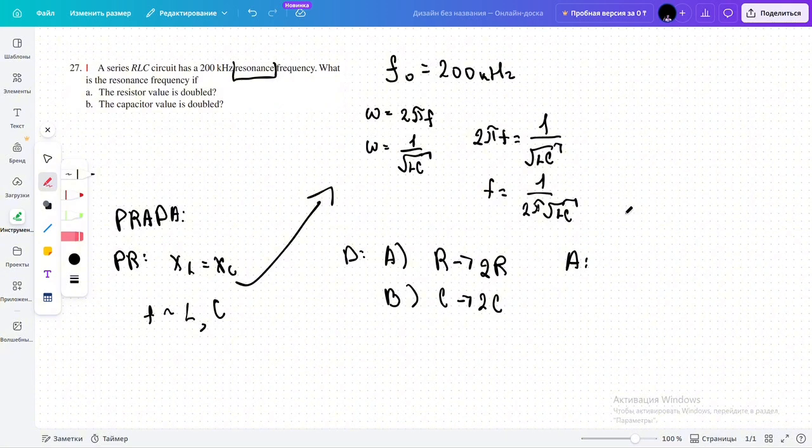This simplification allows us to solve the problem without any complex calculations. We're just ignoring the resistor for frequency, because the key pattern is about the inductor and capacitor.